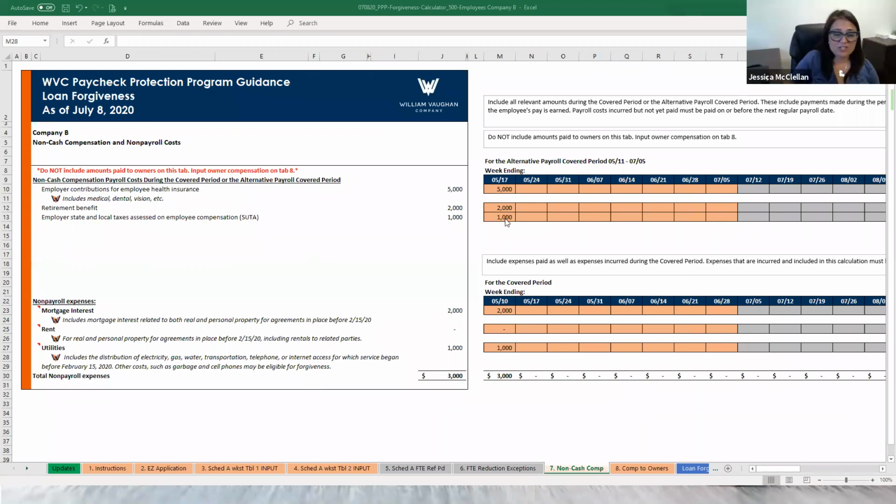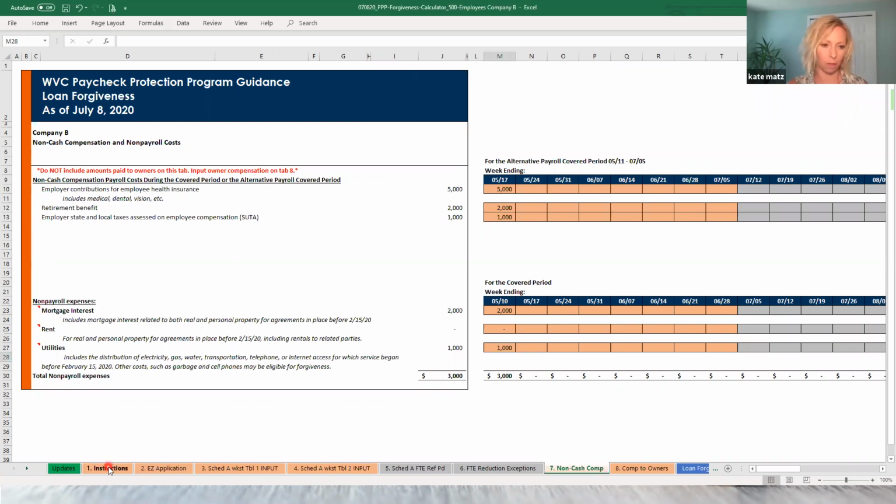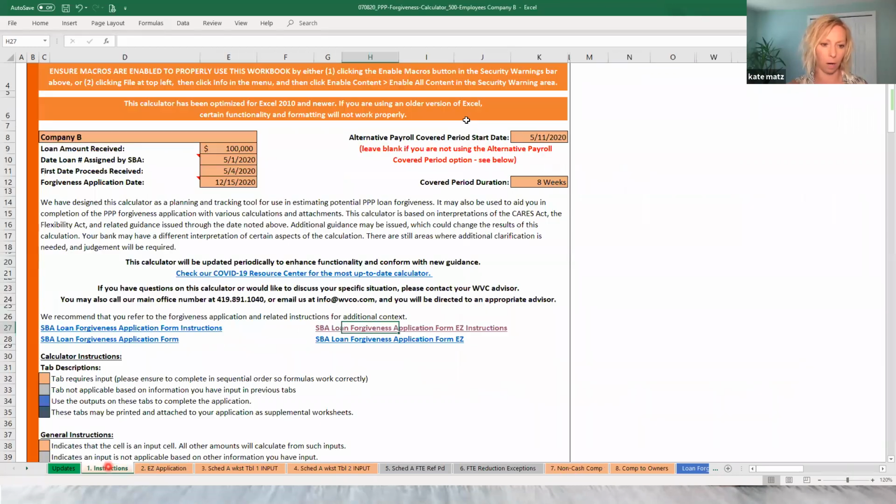I'm going to take one last question here, Kate. If I received funding May 12th but did not start payroll until June 1st, will this affect my reduction calculation? So, if I'm understanding your question, what's going to help you out is back on the instructions tab. You'd plug in here the first date your proceeds were received. That'd be when you actually got your loan, when it hit the account. And that is going to start your covered period.